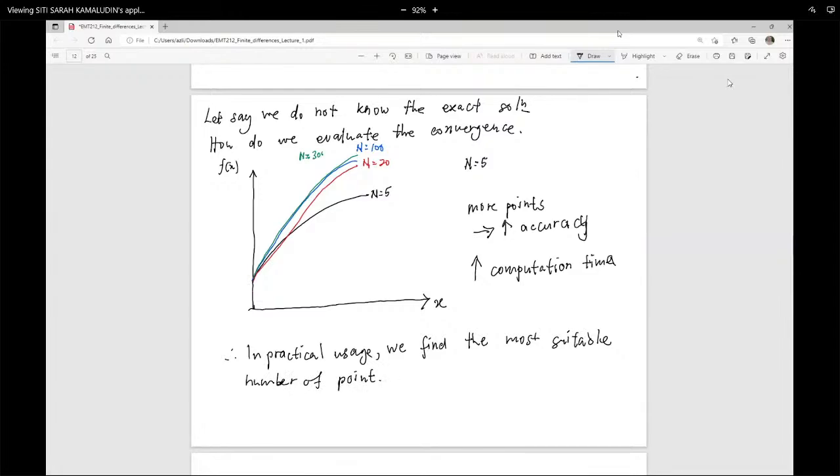And in this case, right, we might just use n is equal to 100. Okay. Any question regarding convergence?